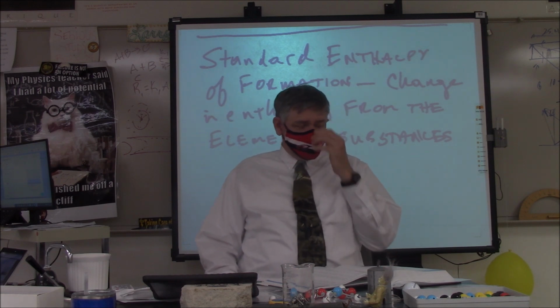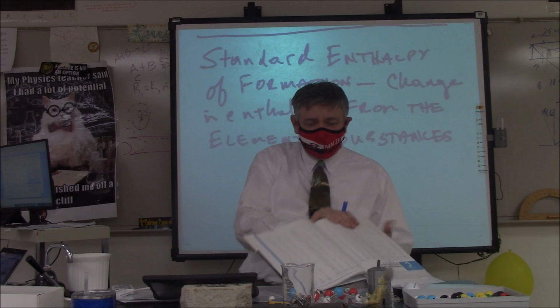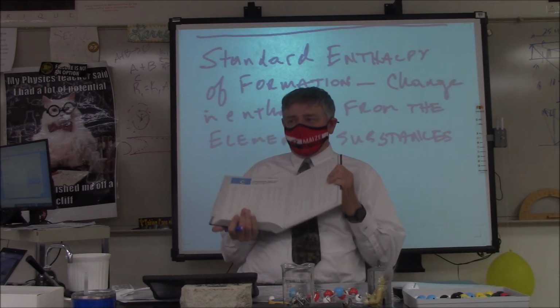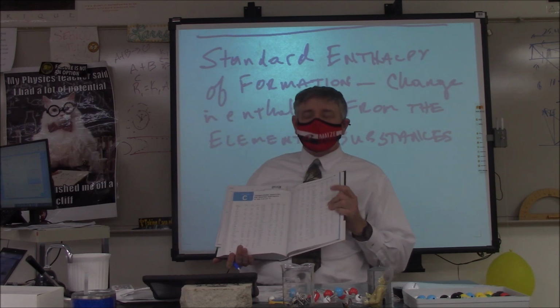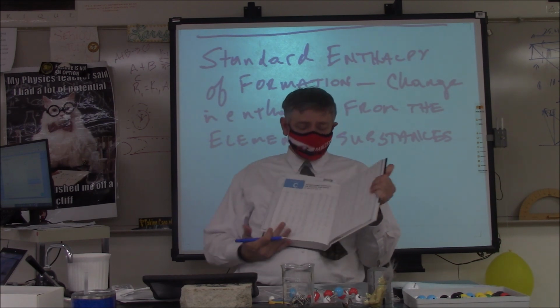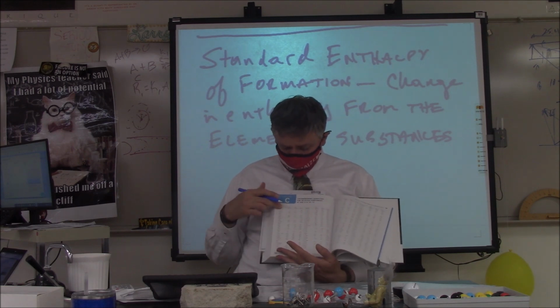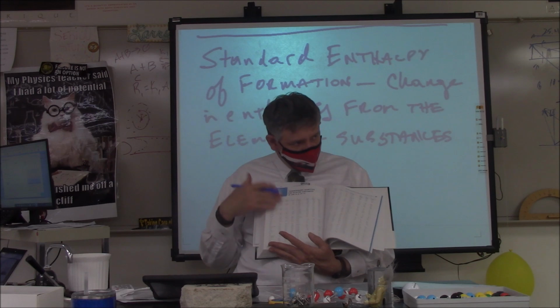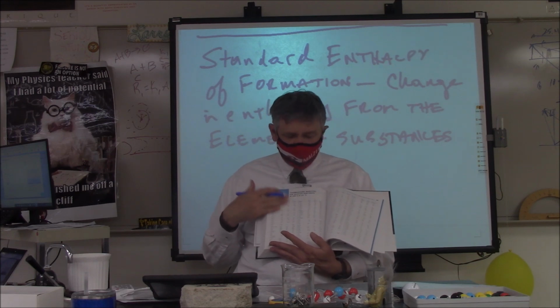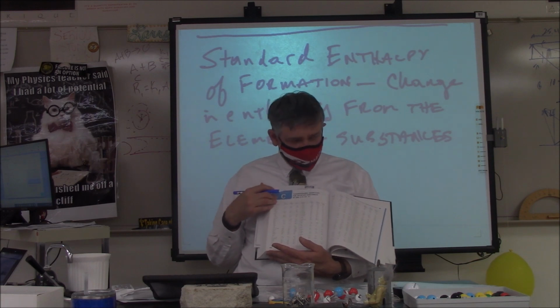So this assignment and a bunch of assignments going forward is going to be based upon this data table on page 1088. Okay? So, first off, let me point out some things. Your first column, and this is what we're talking about today, is delta H. This is what's called your standard enthalpy of formation.